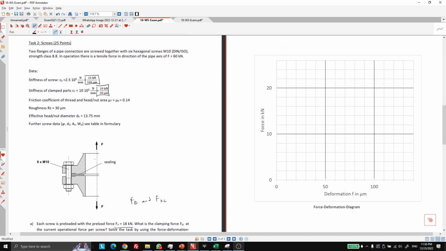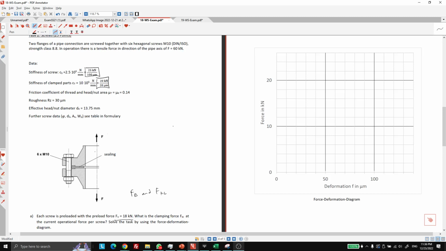The first thing is you have to calculate what is the FB in order to get the FKL as requested from the question. So we have a total F pulling at 60 kilonewtons, and we have 6 screws.